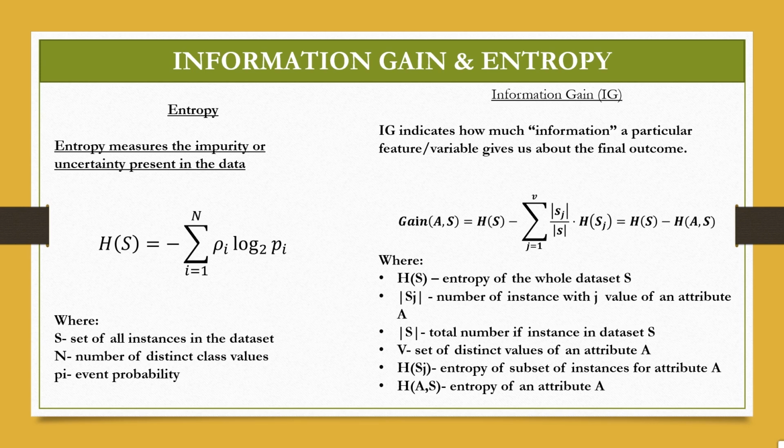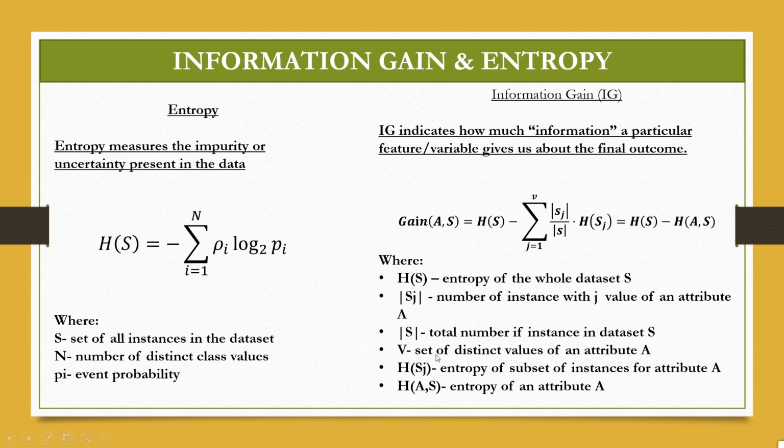Coming to the information gain, as the word suggests, information gain indicates how much information a particular feature or a particular variable gives us about the final outcome. It can be measured by using this formula. Here H(S) is the entropy of the whole dataset S. Sj is the number of instances with the j value of an attribute A. S is the total number of instances in the dataset.